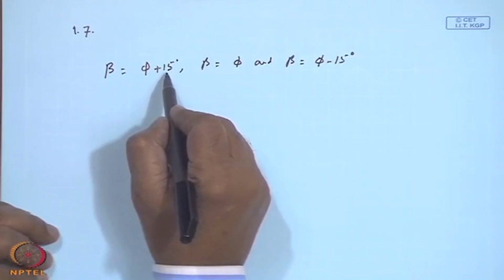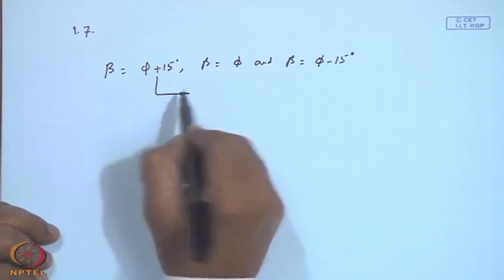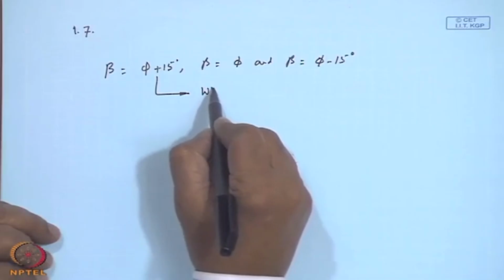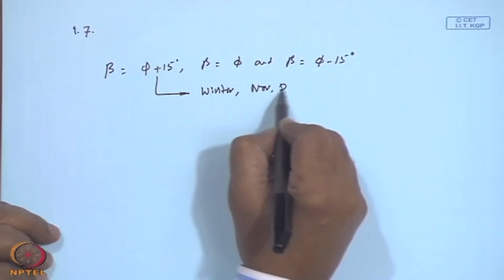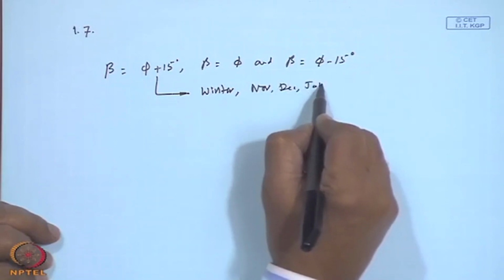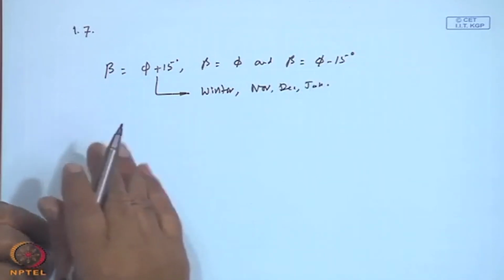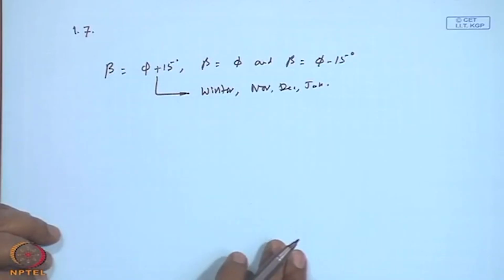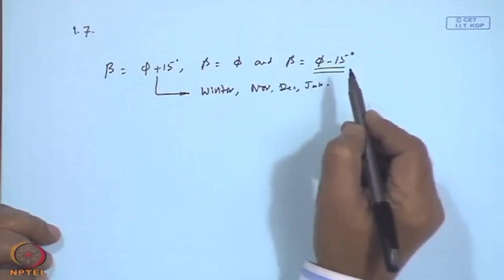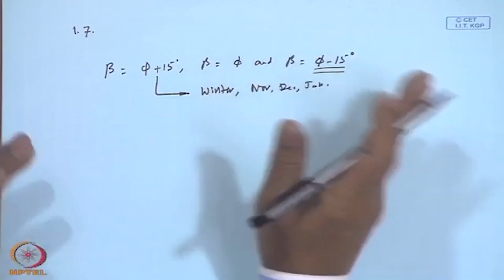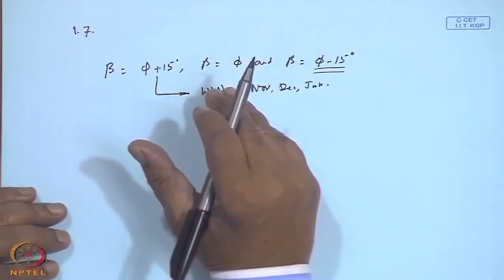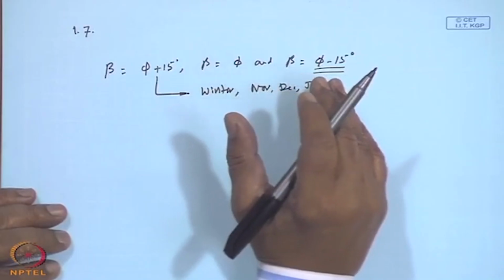I can expect this to be a better orientation for winter in general, or let us say November, December, January, because the sun's rays are pretty much lower, and if you have a higher slope, then they will be near normal incidence, whereas this will be favorable for summer. Beta equal to phi is sort of a compromise for the throughout year best collection.